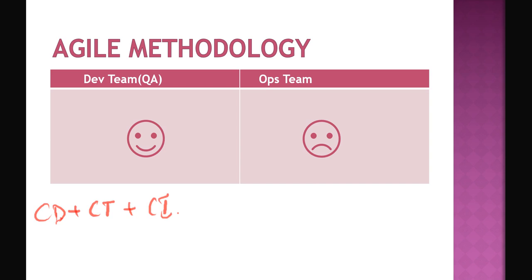Here in Agile methodology, it implements a concept wherein development and testing go on iteratively or continuously. Meaning, it's not that after complete development, testing begins. No, development and testing go hand in hand.